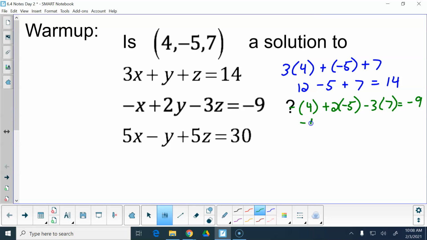So that's negative 4 minus 10 minus 21. That's going to be our failure because that's negative 35. So that's the one that fails. Okay? So this is not a solution.